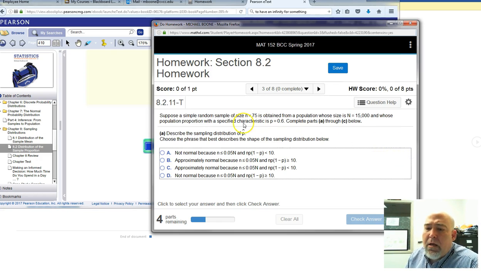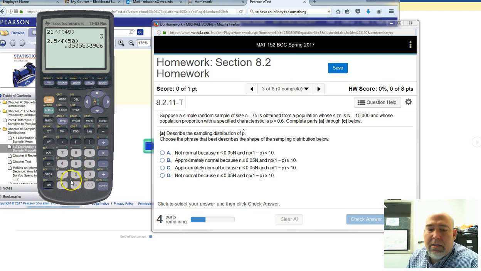So on a problem like this, we see that the sample size is 75 of a population that's 15,000. We can easily see that 75 divided by 15,000 is less than 5% of our population, so we are good on that end. We have to check if n times p times 1 minus p is greater than or equal to 10.